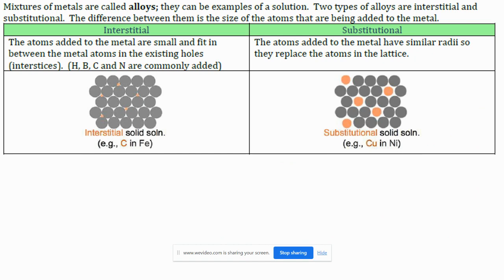So that's your brass, your bronze, stainless steel is made like this. So most of your metals are actually in alloy form when you use them. And there's reasons for that. They tend to be stronger. And in certain cases, they'll mix things in with them to prevent them from rusting or corroding.